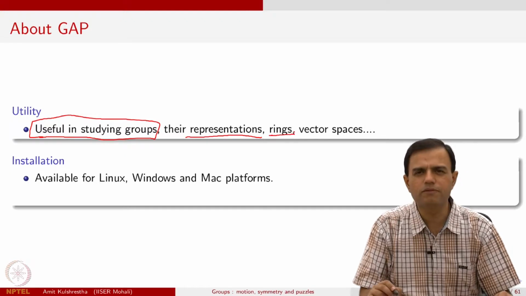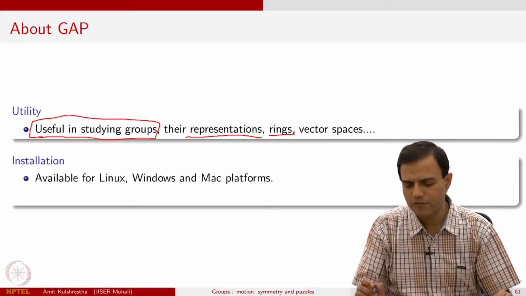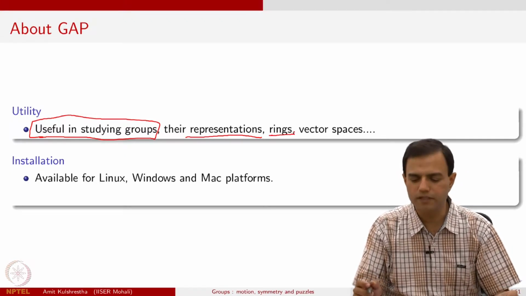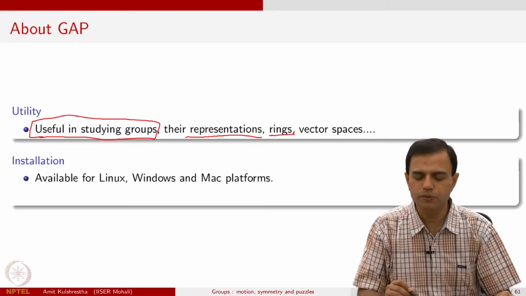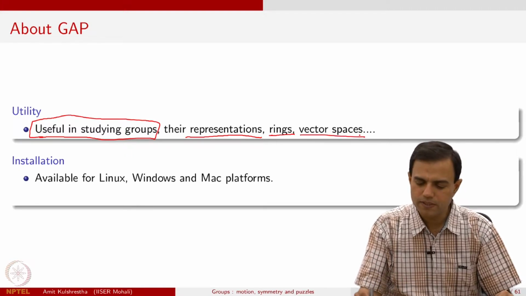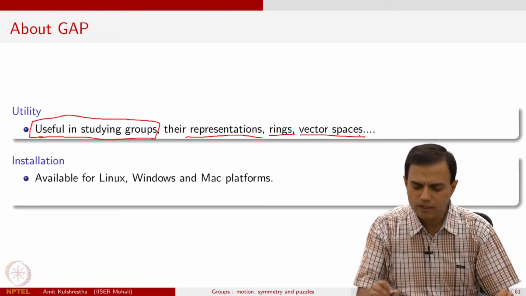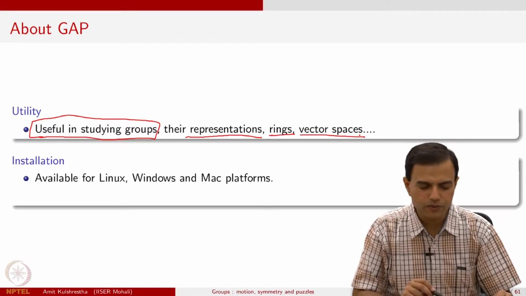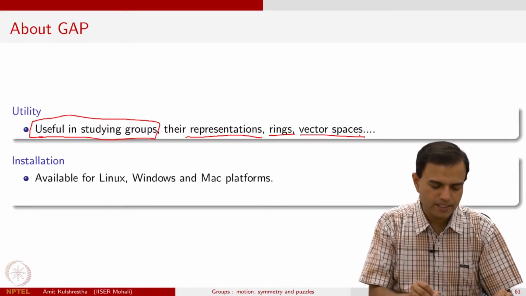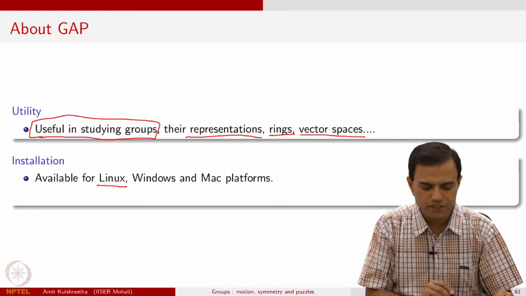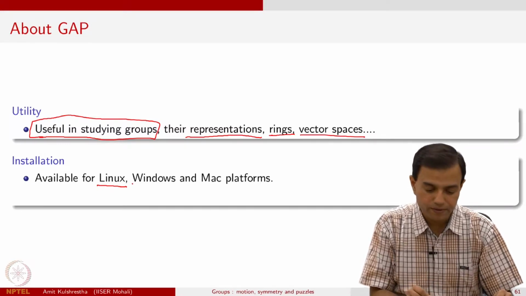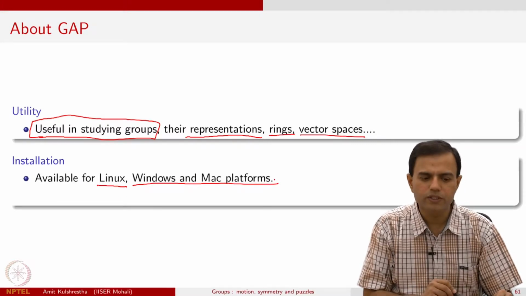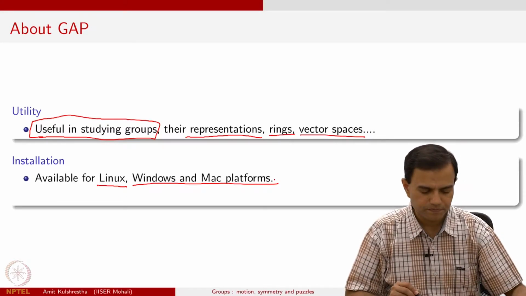Rings, probably some of you know. They are objects with 2 operations and there is compatibility between those 2 operations. Vector spaces, most of you would know. So all these algebraic structures can be quite nicely understood via the software called GAP. And as I said, if your machine is Linux, very good. Otherwise on Windows and Mac platforms as well, you will install this software.